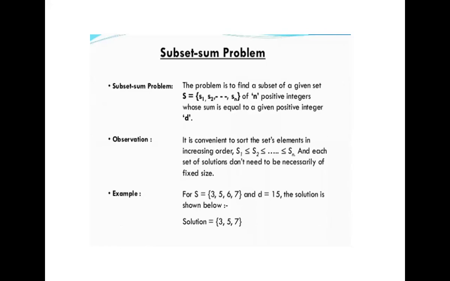Okay, see here, for example, we have the set values 3, 5, 6, 7 and d is 15. So we have to find the solution for this problem. We take some of the values in this set and add them, and if the total is 15, the solution has occurred.